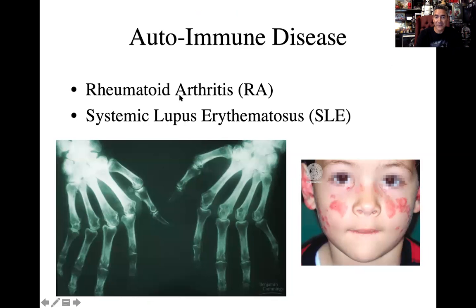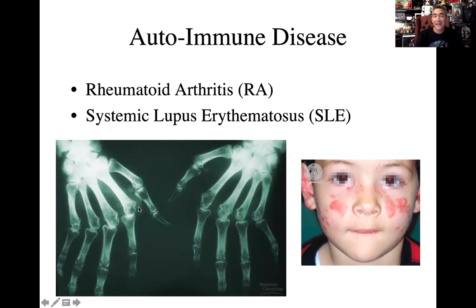So in arthritis, there's a mistaken identity. For whatever reason, the person's own immune system starts to attack the joints of the body, right? So you can see it's going to attack all the joints. It malforms the joints. It damages, very painful, causes loss of function.